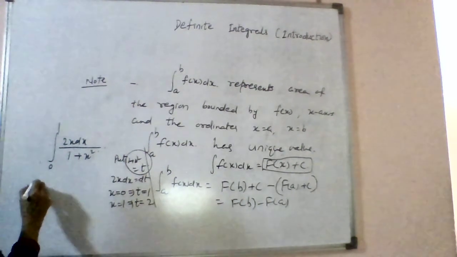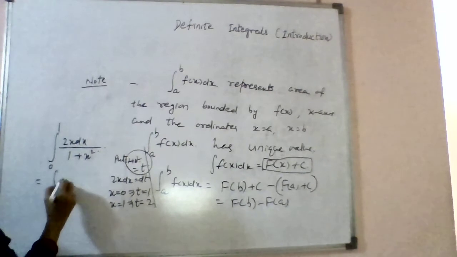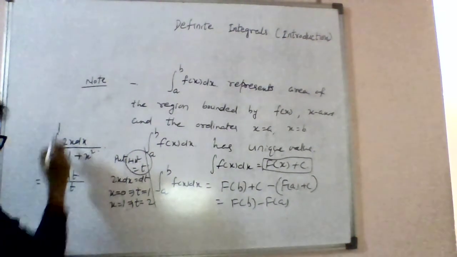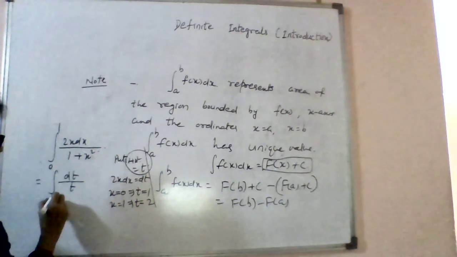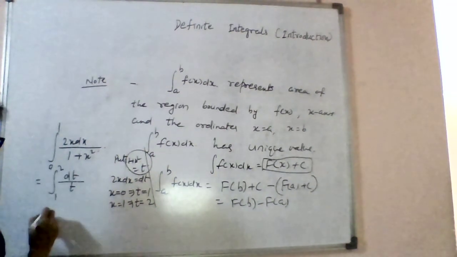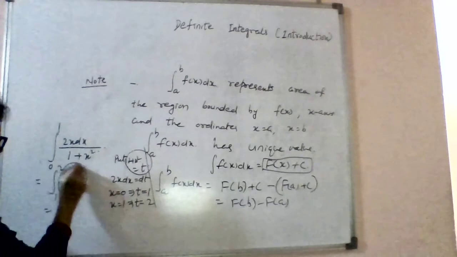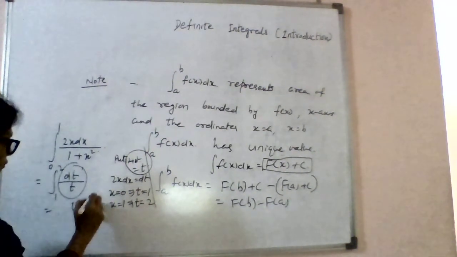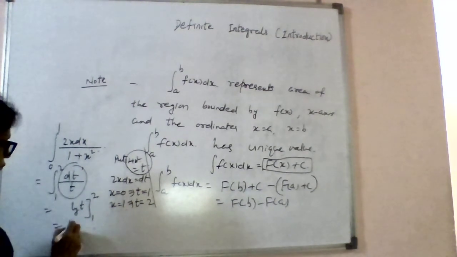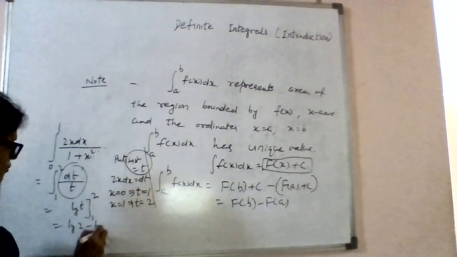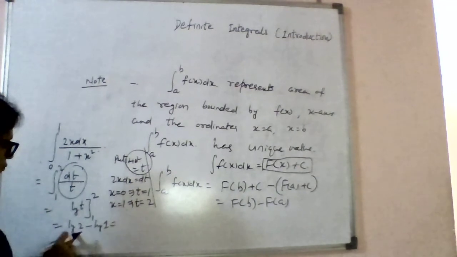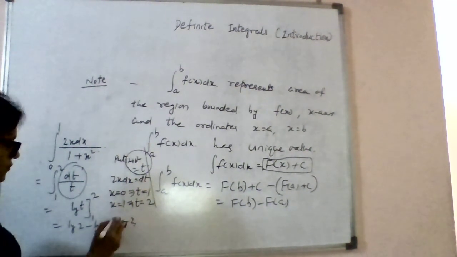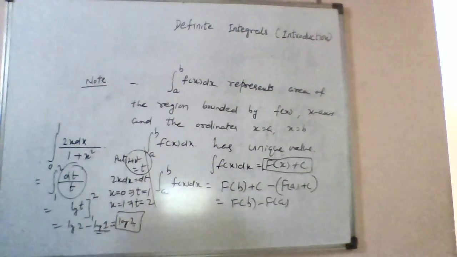Now the integral becomes dt by t with limits changed from 1 to 2. The integral of dt by t is log t, value from 1 to 2, so log 2 minus log 1. Log 1 is 0, so your answer is log 2.